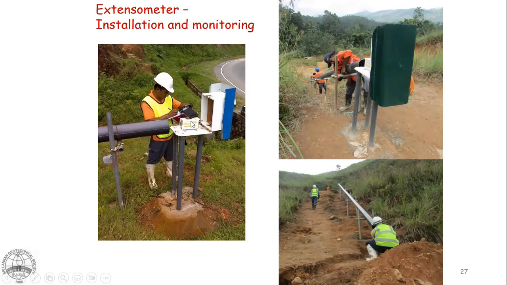And what is being measured is the movement or the extension, or change in length of the wire through this device. So if there is a movement in the landslide, there is a relative movement between the point outside the moving mass and inside the landslide.